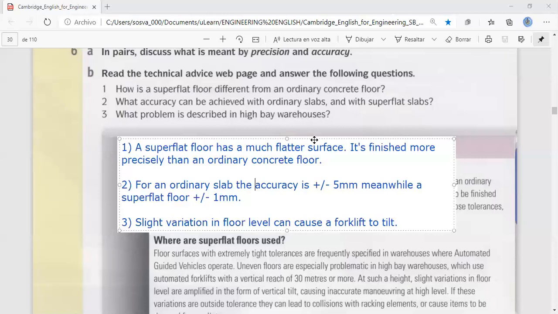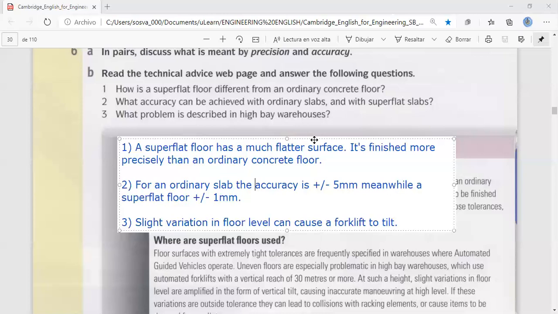I have a photo of an example of a forklift accident. I'm going to show it right now in my camera. That's a really common accident, and there is a video. I think you already watched this video.